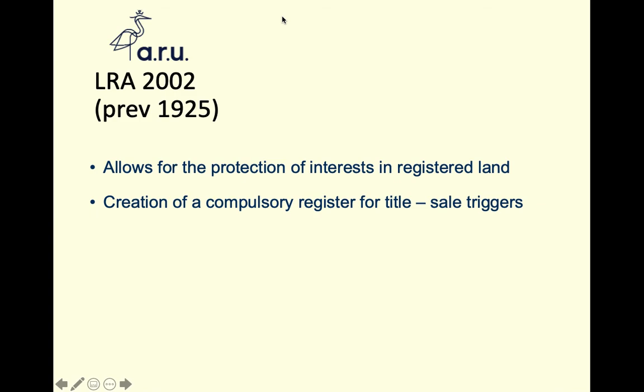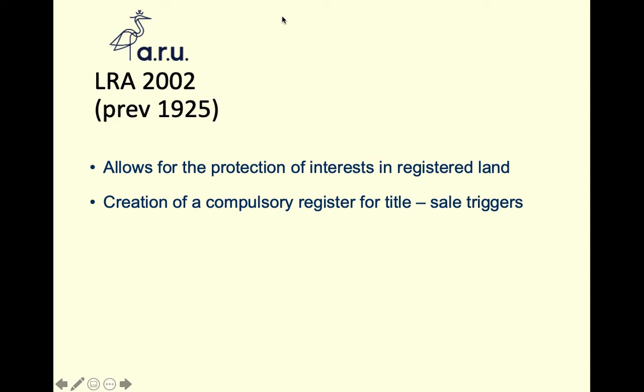There is a compulsory registering process. So if land was previously unregistered and it was sold, that would become what's called a trigger event, and that trigger would create the need to go and register that piece of land at Land Registry.